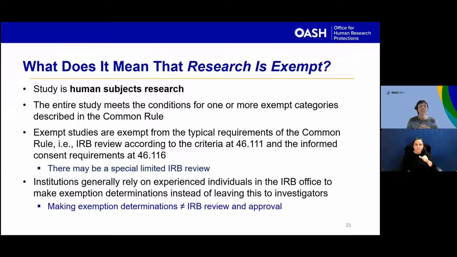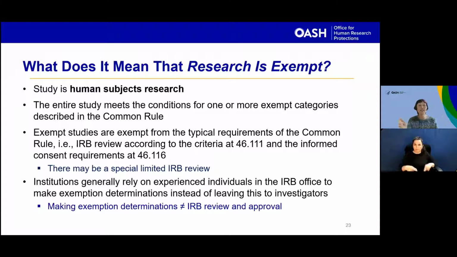So coming back to this idea about exempt, if you remember the first two scenarios, you made the determination that that was human subjects research. And then you're given the option to consider whether an exempt category works or not. So before you even consider exemption, you need to know that your research is human subjects research.